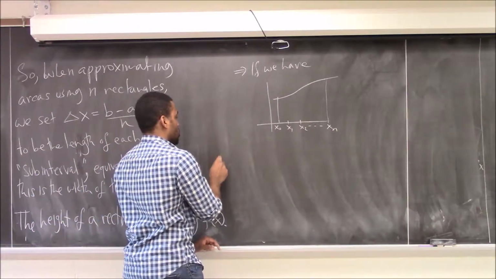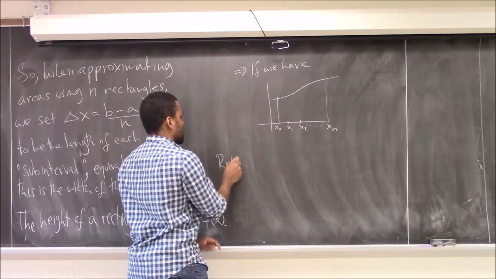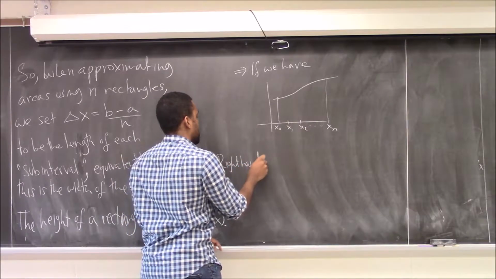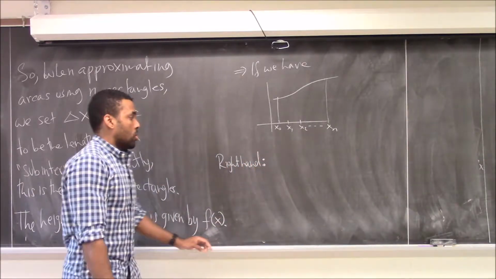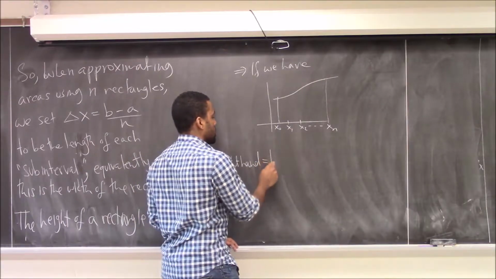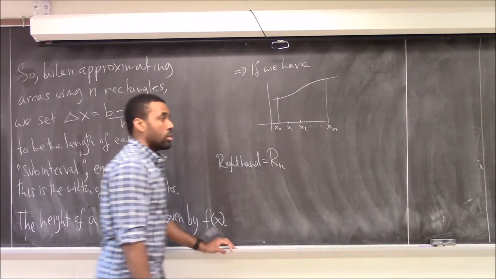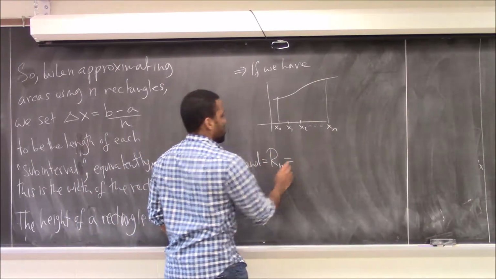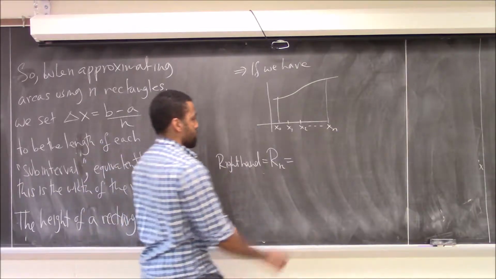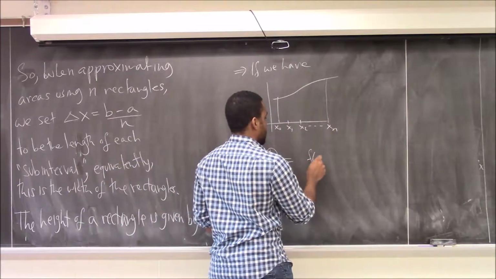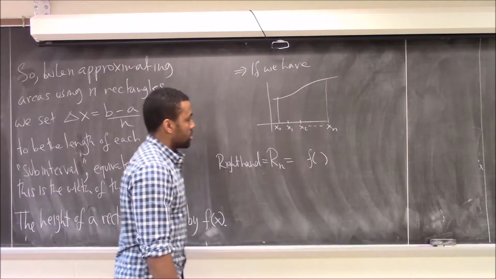The right-hand approximation, which sometimes we call big R little n, will be given by, I'm going to take f and evaluate it where?